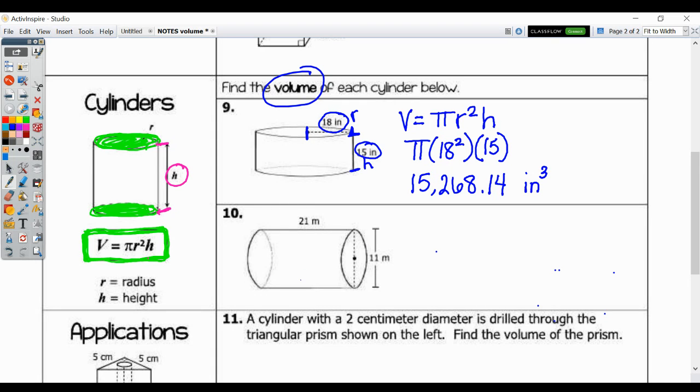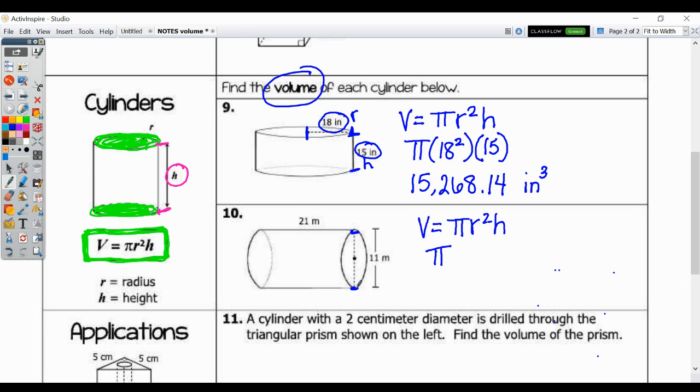Okay, I'm going to do one more. Number 10, it is a cylinder. So I'm going to use the formula for volume of a cylinder, which is volume equals pi times r squared times h. Okay, I'm going to bring down my pi because I'm just going to use the pi button on my calculator. Now I need the radius. They gave me the diameter because they went from this edge of the circle to this edge of the circle.